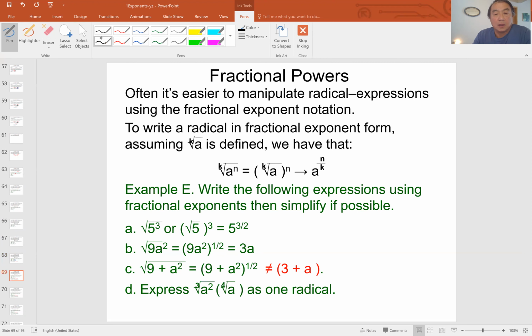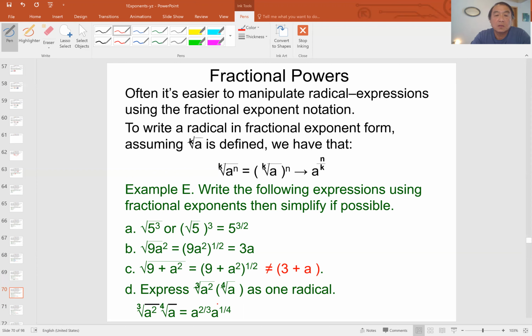Now, here we can use fractional exponents to collect these roots. These are 2 different types of roots, the 3rd root and the 4th root, and we multiply. Using fractional exponents, we can collect them into one single radical. How? Convert the radicals into fractions.